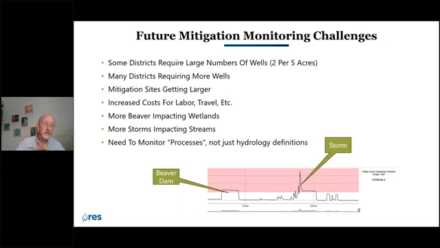Storm intensities are getting greater, which could result in damaging storm events on a stream. Without any insight into what's going on, we may not go out to a site till several months after a damaging storm event, when we should have been out there earlier. And there's a growing emphasis on measuring hydrological processes on a site, not just wetland definitions. And how could we do that maybe with a different system?